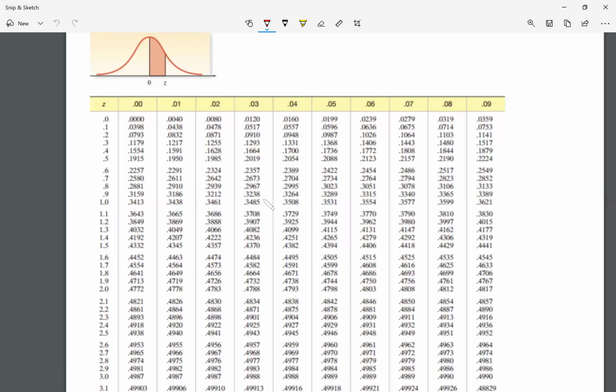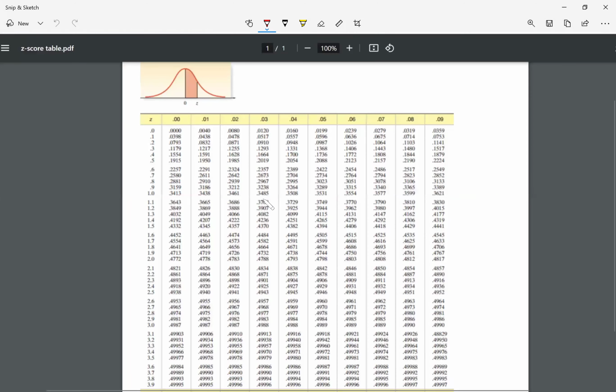Okay, so negative 1.6. I'm not looking at the negative sign for right now because this table gives me all positive numbers. I'm going to read this as a positive 1.6. So 1.6, if I write it using two decimal numbers, is 1.60, right? I'm going to look at up to the first decimal number.